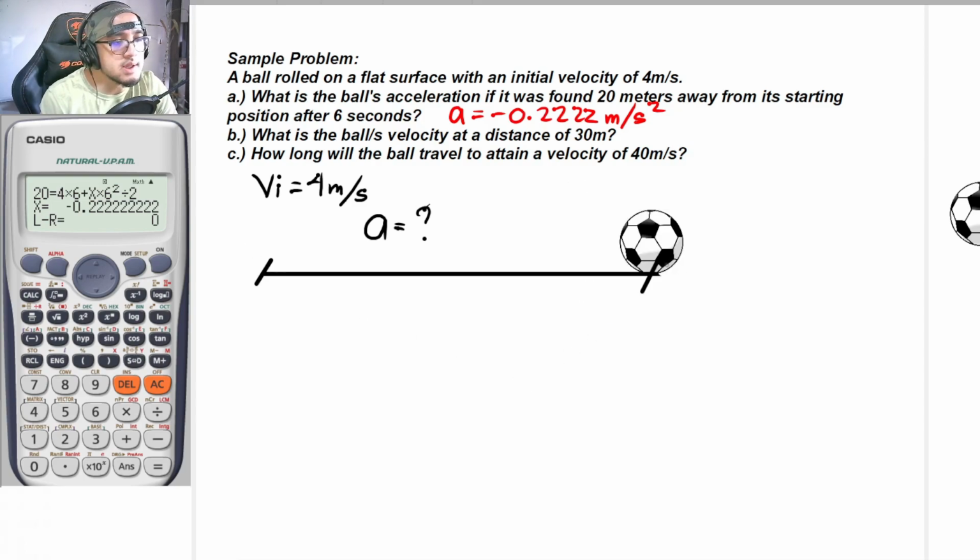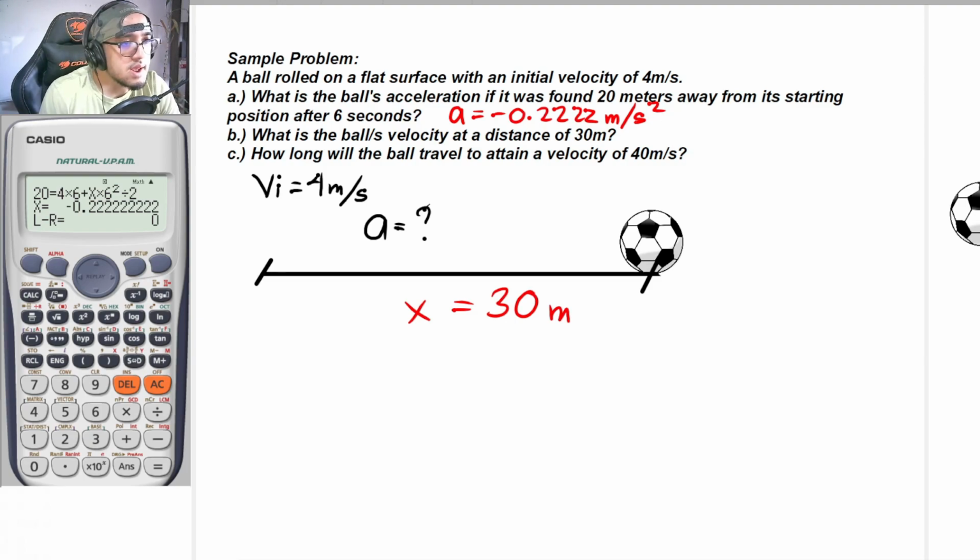If your ball has traveled that much, it means that your distance is equal to 30 meters. So that is your x, I should say. So x is equal to 30 meters. What is indicated in the problem is its final velocity at a distance of 30 meters.